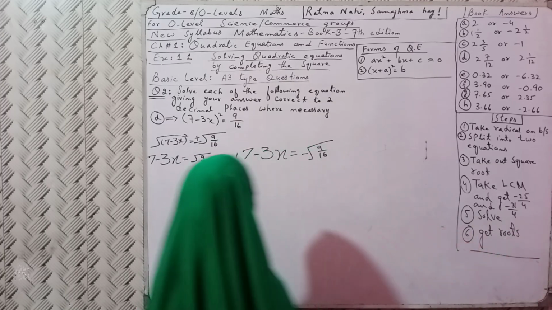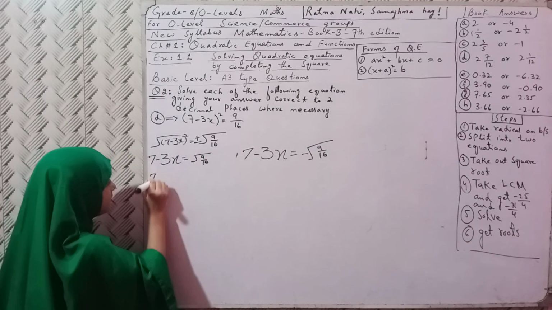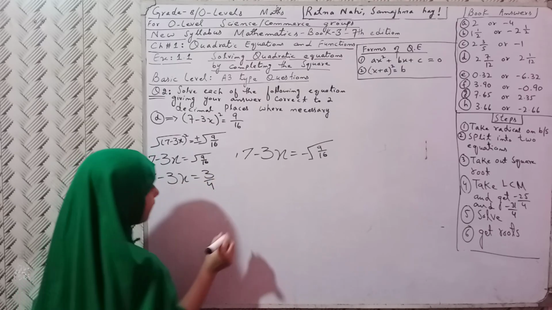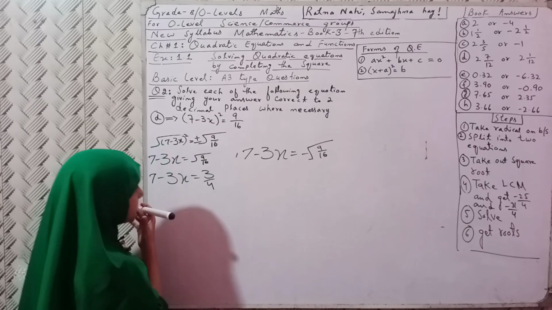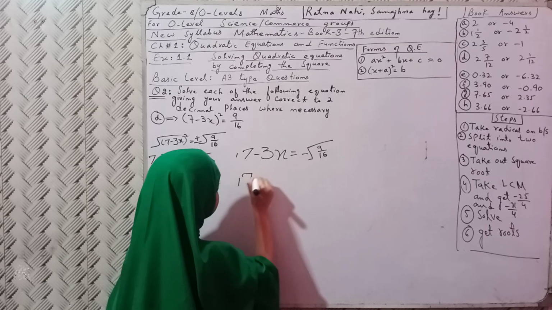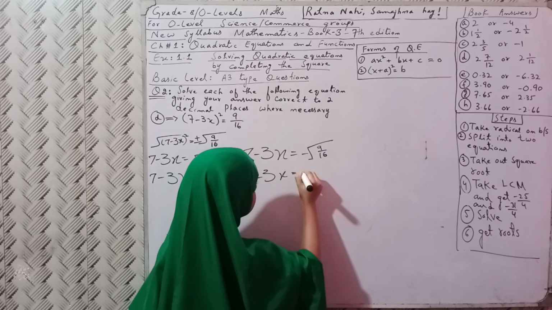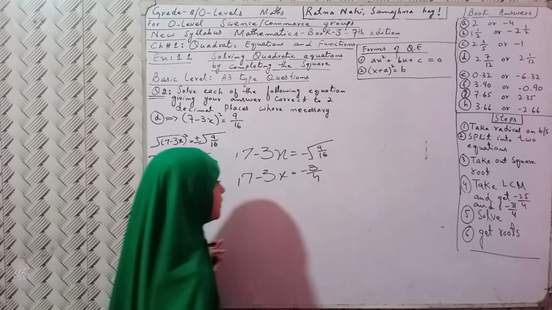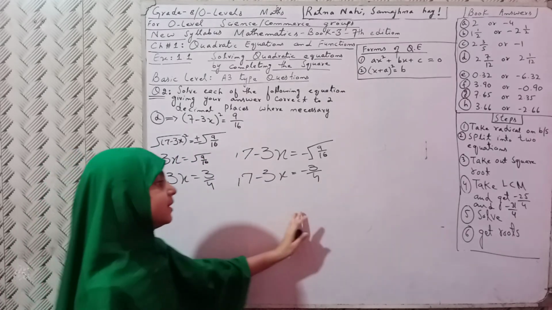Then take out the square root. So here will come 7 minus 3x is equal to 3 upon 4. Then 7 minus 3x is equal to minus 3 upon 4. Now first of all I will solve this, then this.